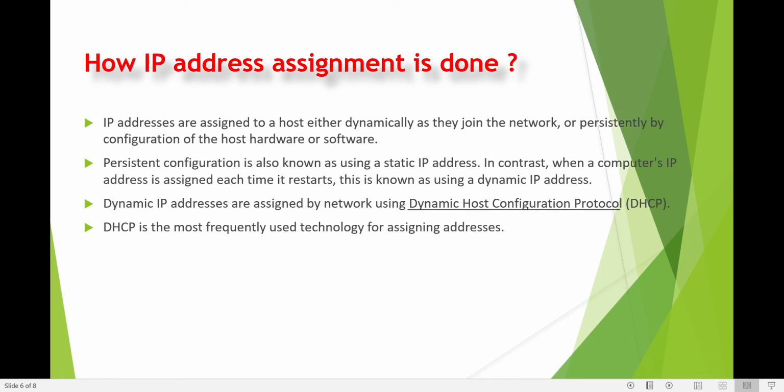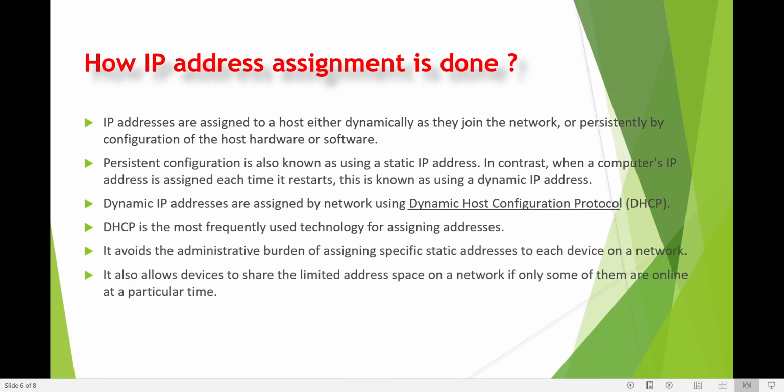DHCP is the most frequently used technology for assigning addresses. To avoid the administrative burden of assigning specific static addresses, DHCP is used. So the administrator won't need to assign the static IP address manually each time. This also allows devices to share the limited address space on a network, if only some of them are online at a particular time.